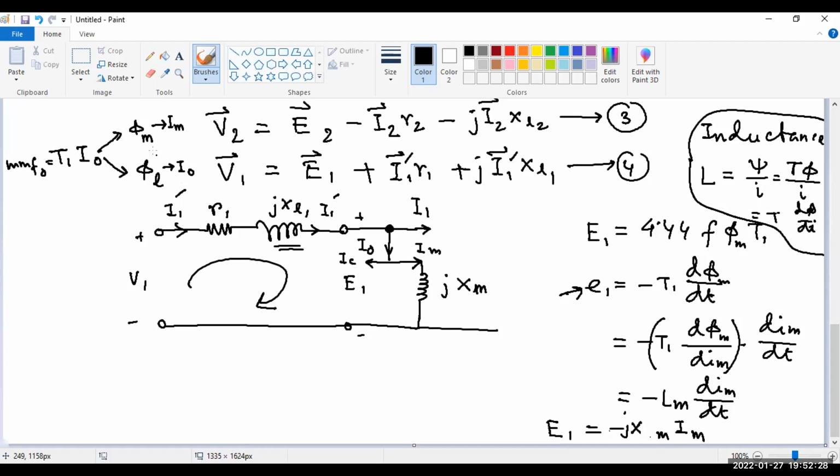So here come two things. The first is the mutual inductance, and the second is the leakage inductance.